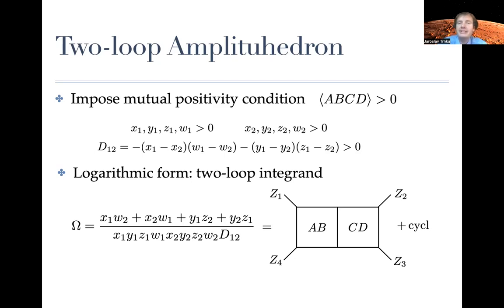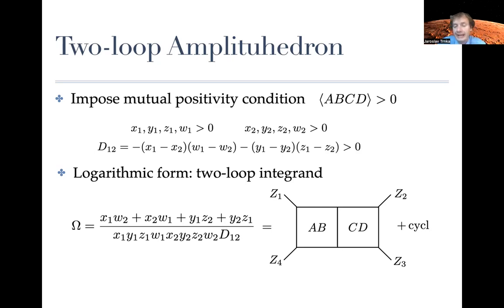And we can find this form. We have to triangulate the space. There are some ways how to do it. We have to triangulate it, and then for each term in the triangulation, write the forms, sum the forms together, and find the logarithmic form on this whole space. Anyway, the form looks like this in this parametrization.